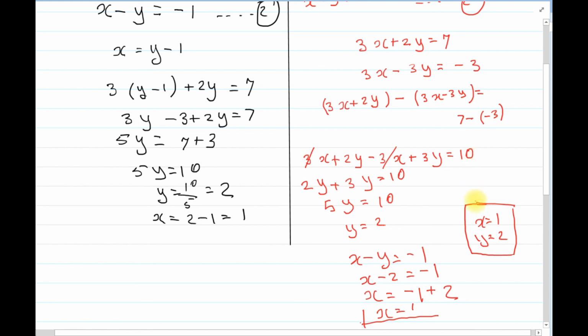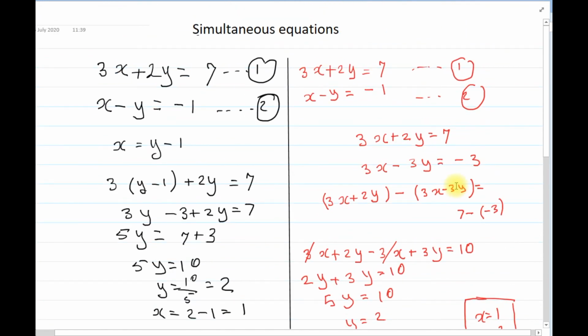So on the right-hand side here we had the elimination, and on the left-hand side we did it by substitution. To recap the process of elimination, what we need to do is to make the coefficients of one of the variables in the two equations the same. In this case we chose to make the coefficient of x the same.